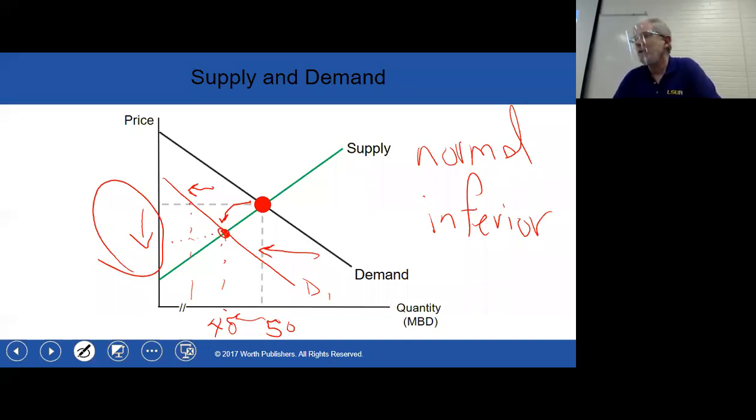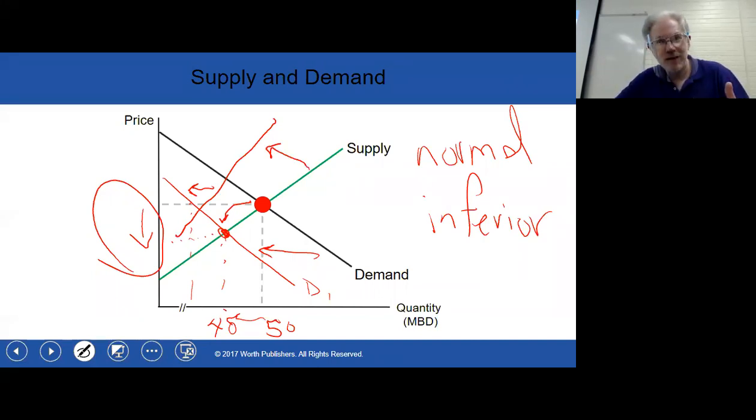Okay? But in our current situation, we don't just have a recession. We had a period of a number of months where the auto companies were not allowed to produce anything. Okay? So that means supply also decreased. Demand decreased and supply decreased.